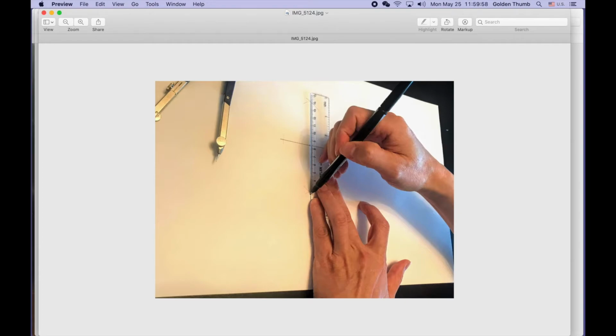If you are right-handed, draw this line, put your pencil or pen to the left of the straight edge, not the opposite, which is wrong. So you always draw from the lower place to the upper place, from the bottom here to the top, not the other way. You cannot draw from top down.